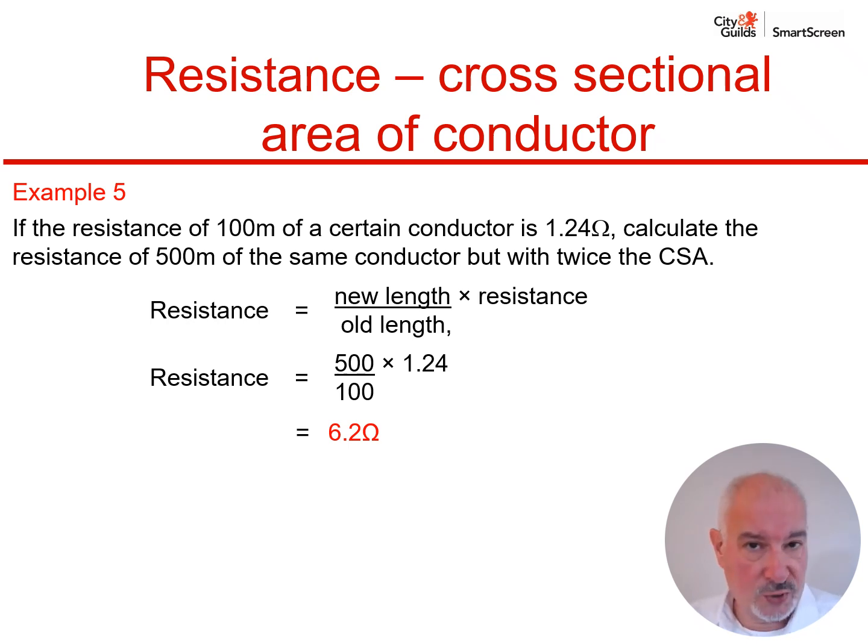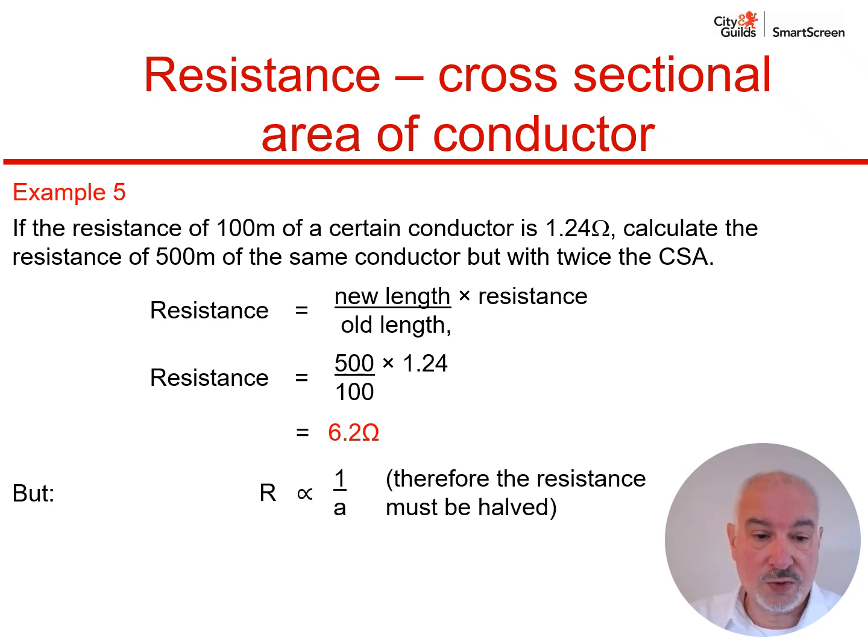So that's half the question worked out, but remember, it's not just an increase in the length, there's also an increase, twice the cross-sectional area. So to account for that, remember that the resistance in relation to cross-sectional area is an inverse relationship, so the resistance must be halved. So because we've doubled the cross-sectional area, we're going to halve the resistance.